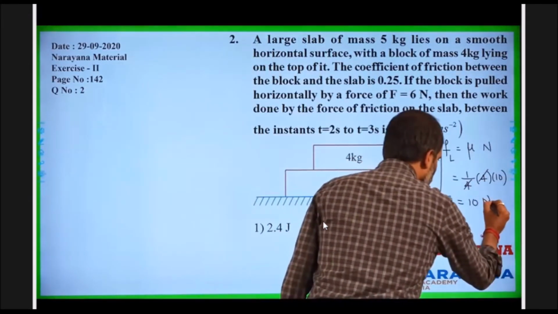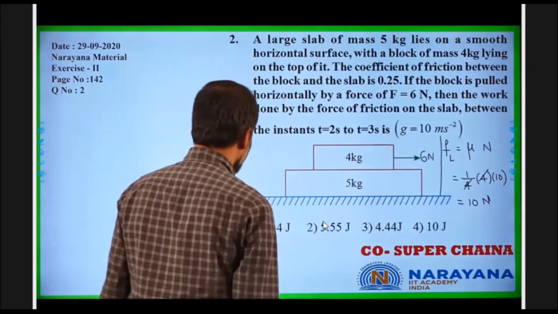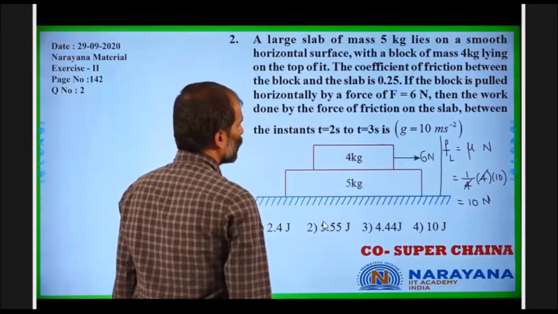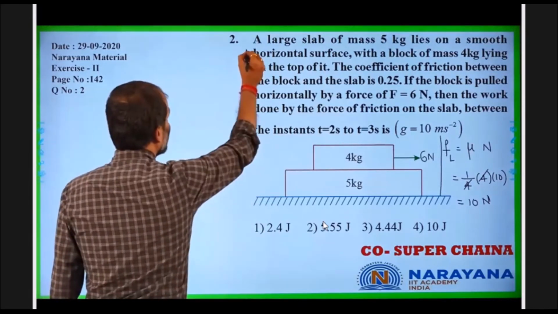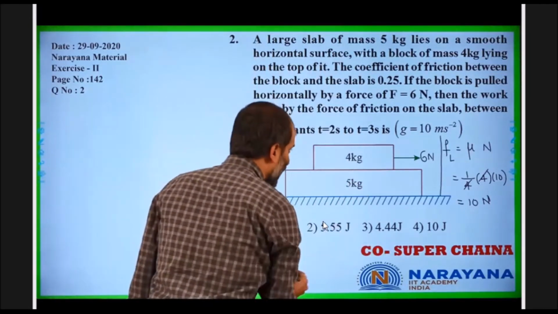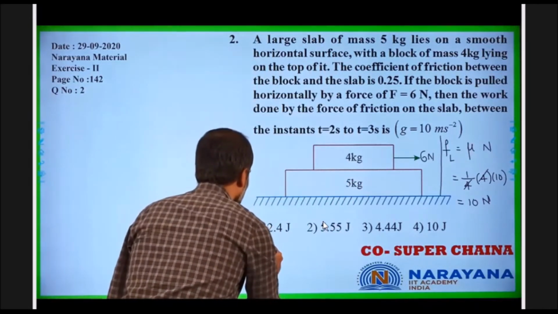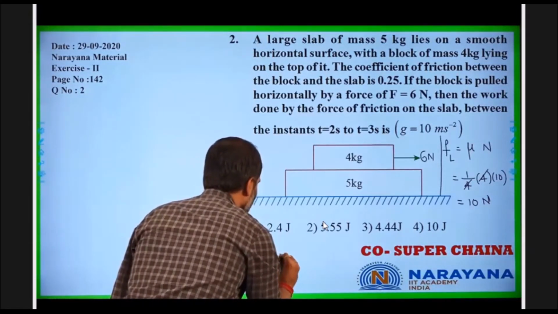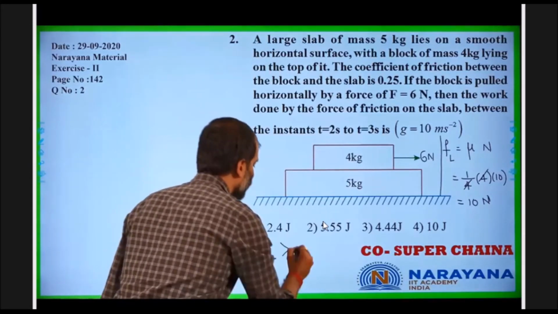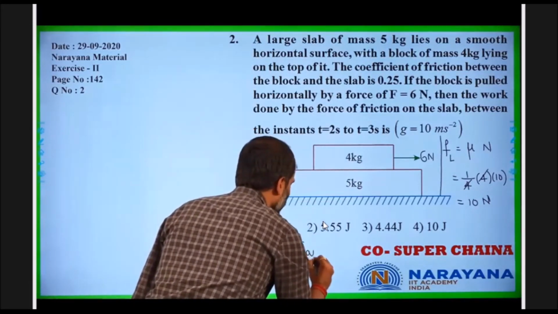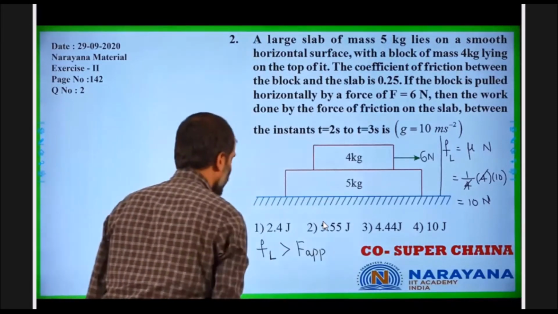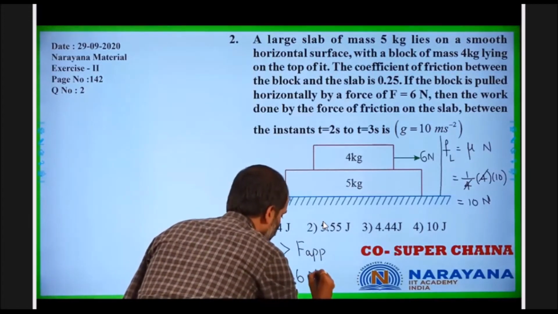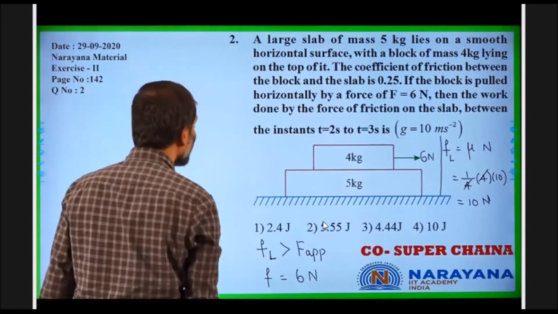Now, the limiting friction is greater than the applied force over here. The frictional force is equal to 6 Newton, as the static frictional force is a self-adjusting force.